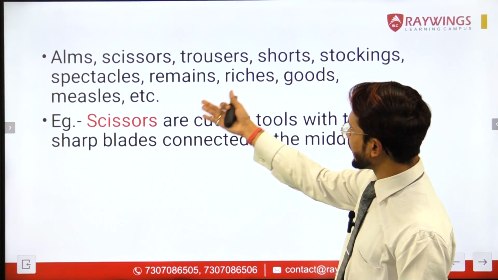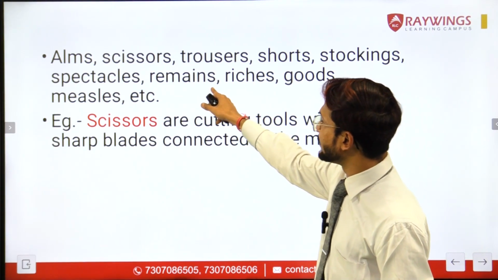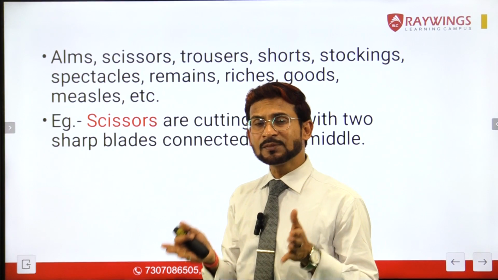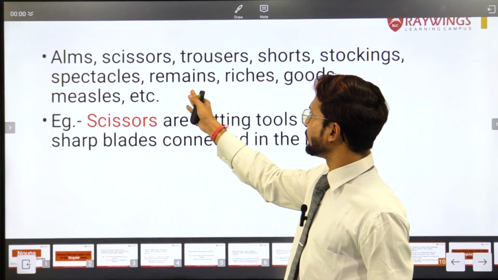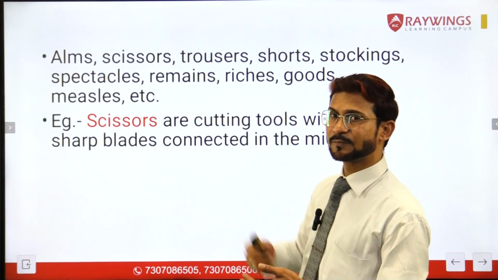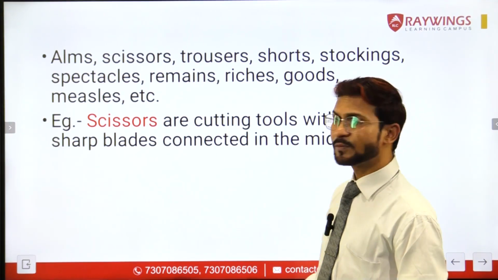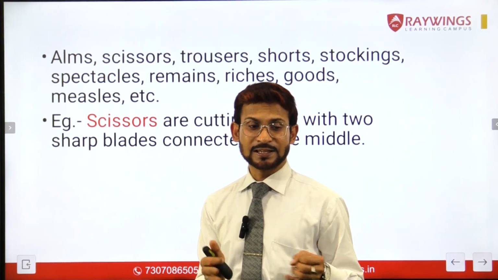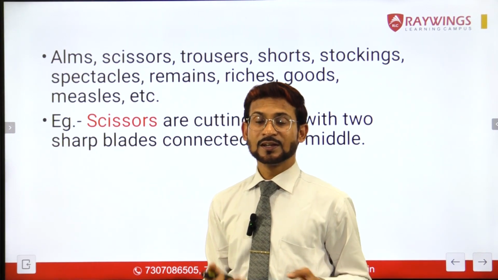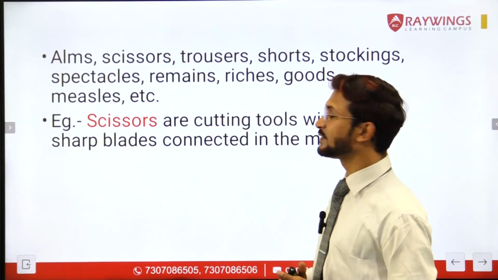Rest of the other words, I guess you must be clear of. We have one word here, remains. Remains means something which is left over out of something, right? So the leftover portion of something is known as remains. Then the next word we have is riches. Now what is riches? Riches is actually not the plural of rich. Rich is an adjective which is used for people, but riches is a noun.